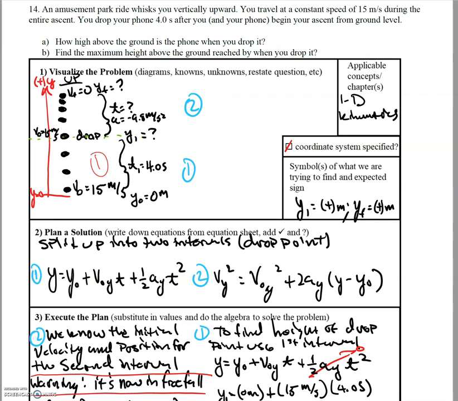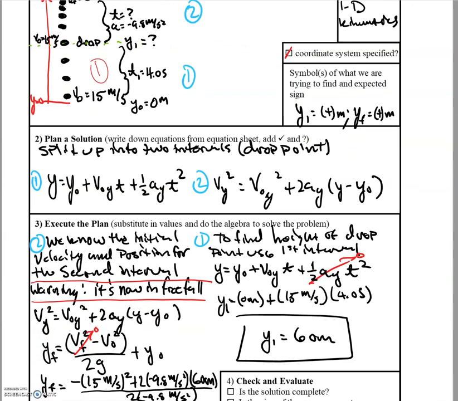Since we're moving at a constant velocity upwards, we know that the acceleration is 0. So really, it's just initial position plus your velocity times time. So that's part A, where you find that you get 60 meters right here.